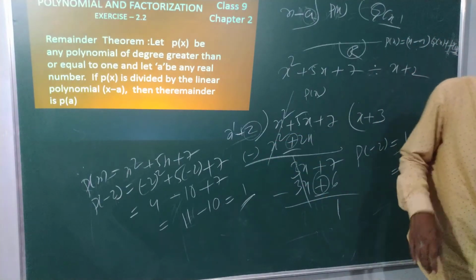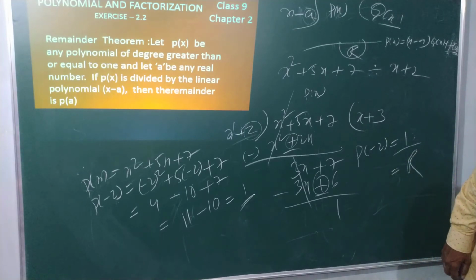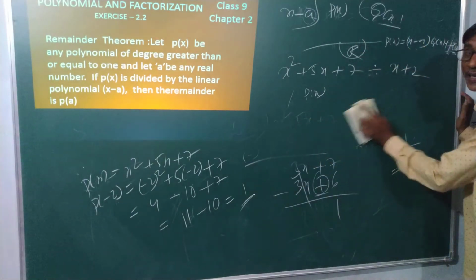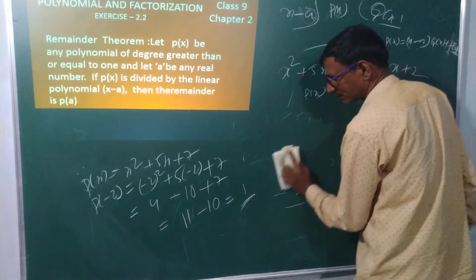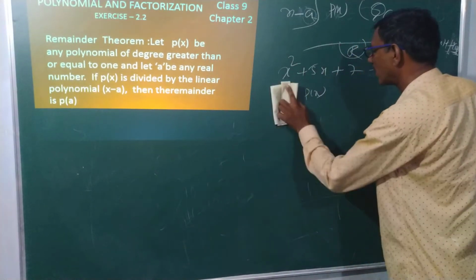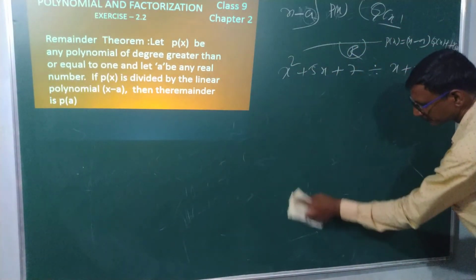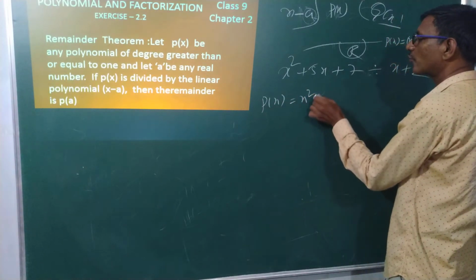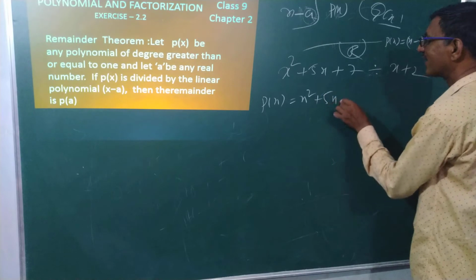Suppose I would like to take the same polynomial. P of x is equal to x square plus 5x plus 7.